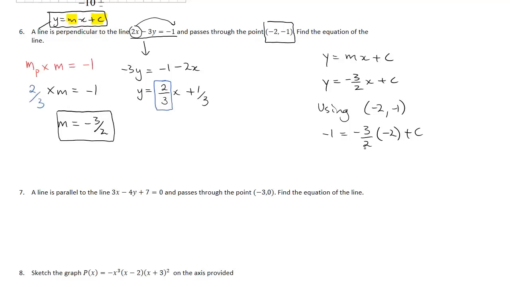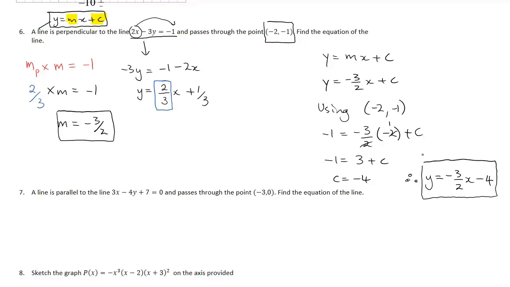And then just by rearranging these, so -1 equals to, that and that cancel, that's going to be 1. -1 times -3 is just 3. And c is equal to -4. So therefore, our equation of our unknown line is now all known. The m value is -3 on 2, x minus c. So that's our equation for y.